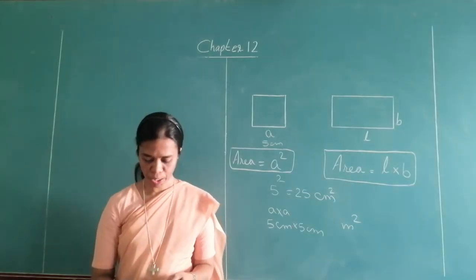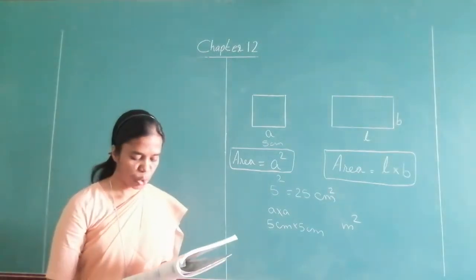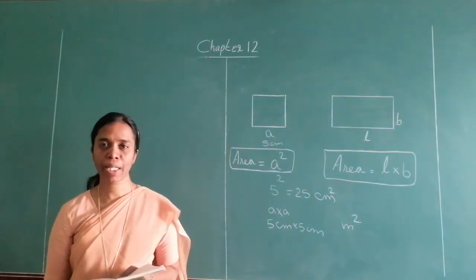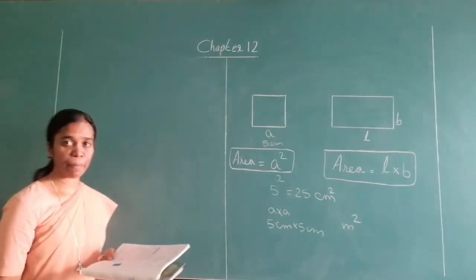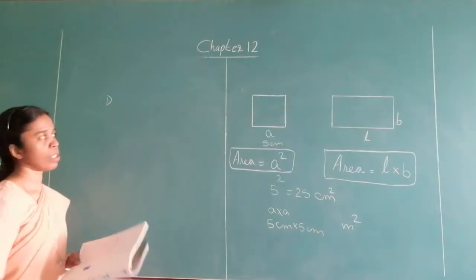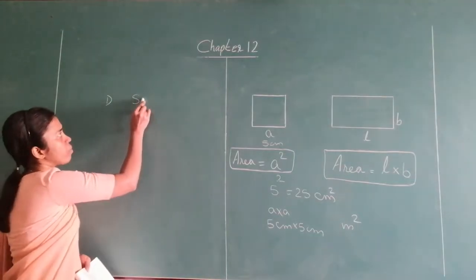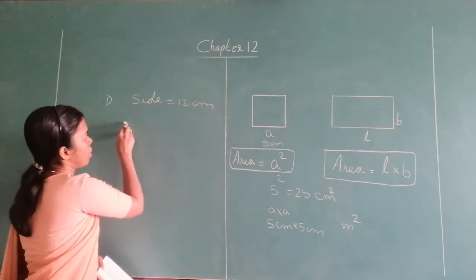We will go directly to practice 45. Question number 1. If the side of a square is 12 centimeter, find its area. Write the question, then write: side equal to 12 centimeter.